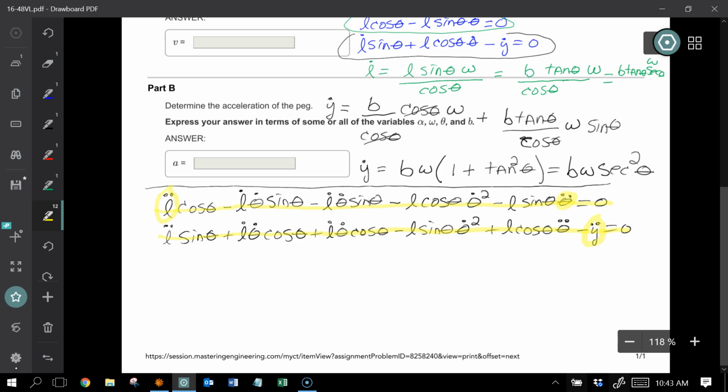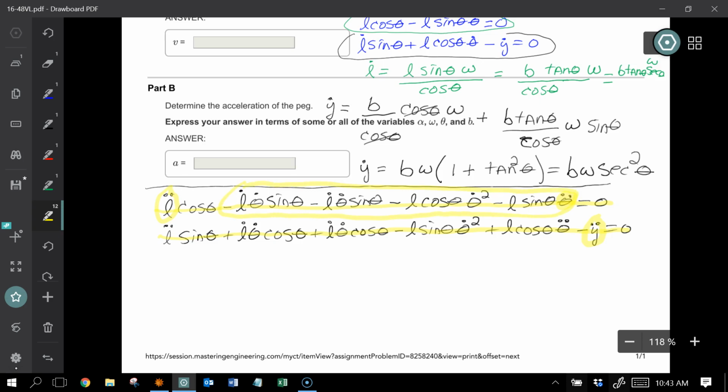Okay, so what you want to do is solve these. The first equation has L double dot in it, so you solve it for L double dot. You just take all of these terms and push them over to the right-hand side and then divide by the cosine.